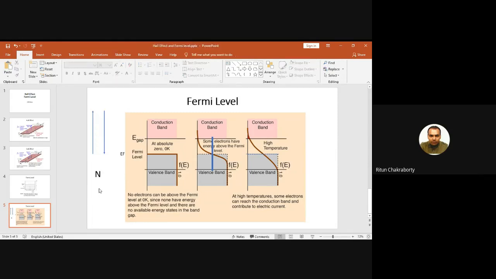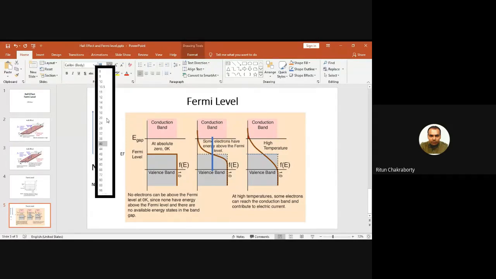Capital N number of electrons are there, and we have maximum 2 electrons in a given energy level. Therefore, how many energy levels will be required? We will require capital N divided by 2 number of energy levels.